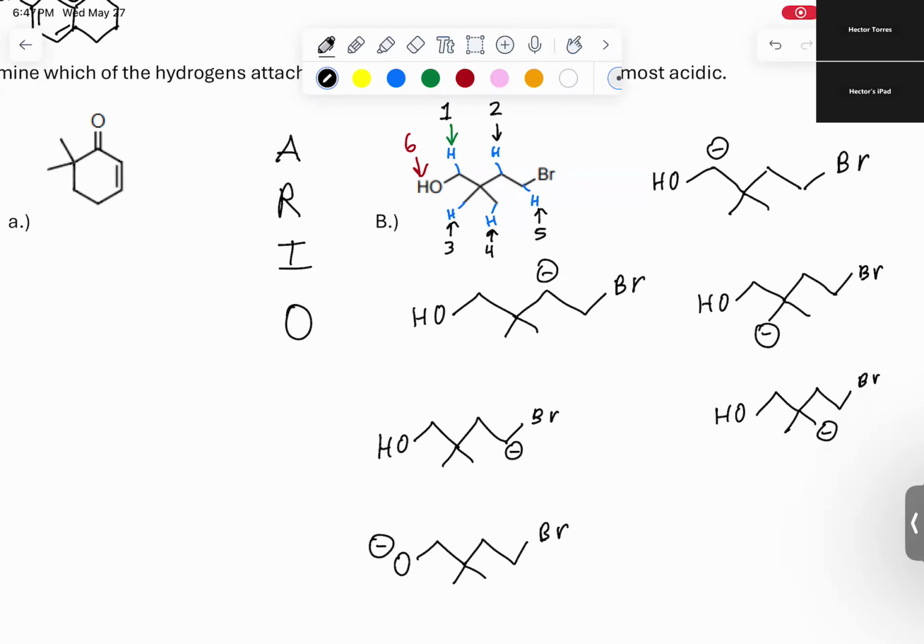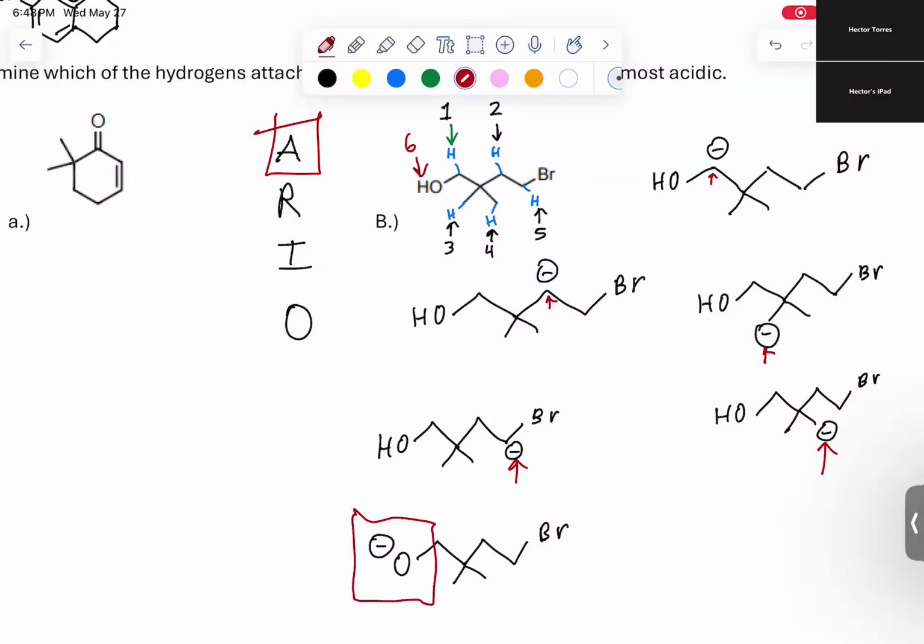Now if we look at ARIO, ARIO is always the first one we're going to look at. This one's on a carbon, carbon, carbon, carbon, and this one's on carbon as well. However, this one is on oxygen.